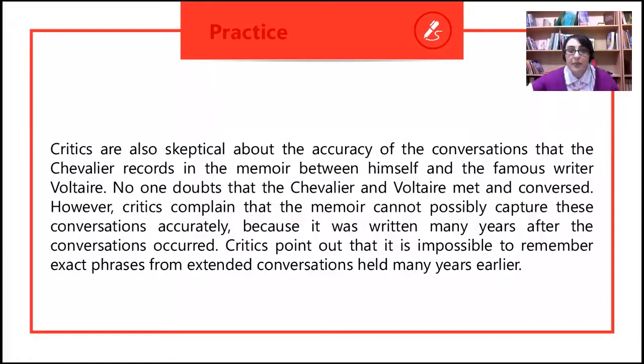However, critics complain that the memoir cannot possibly capture this conversation accurately because it was written many years after the conversation occurred. Critics point out that it is impossible to remember exact phrases from extended conversations held many years earlier.